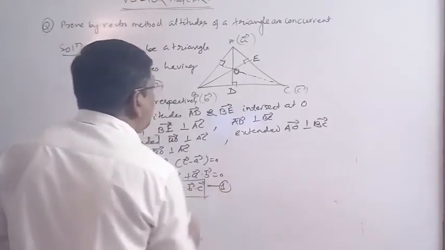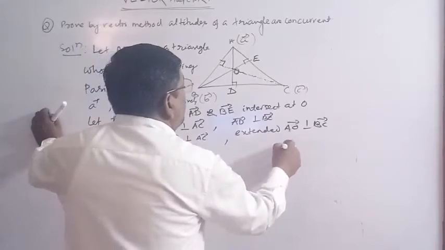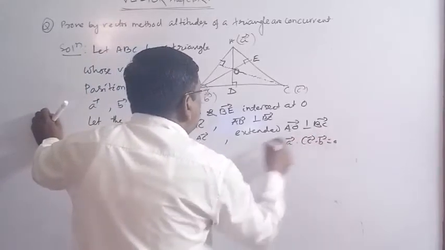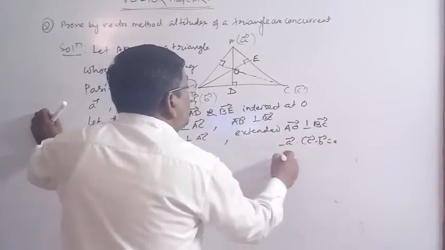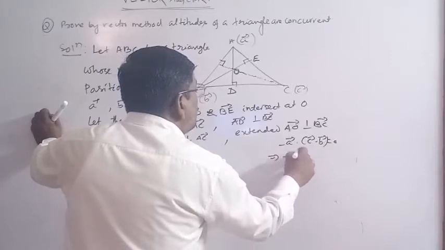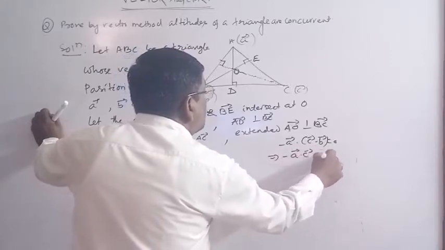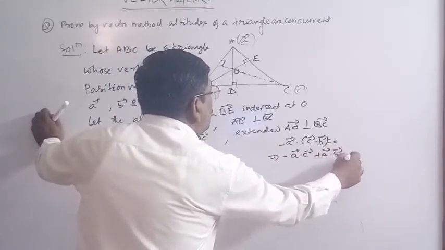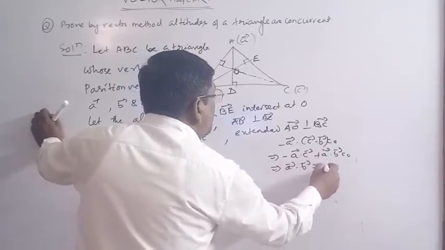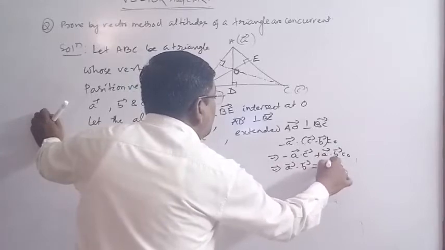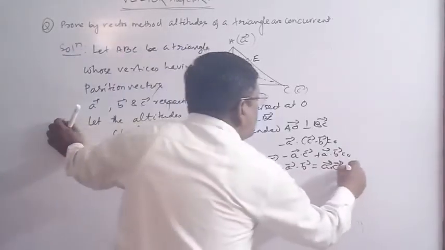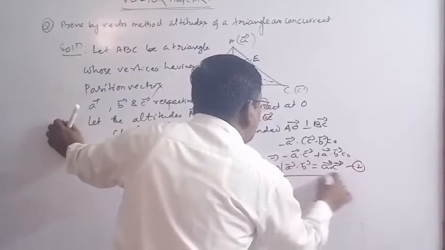Okay, and here, minus A dot C minus B is equal to 0. That implies minus A dot C plus A dot B is equal to 0, so A dot B is equal to A dot C. This is equation 2.